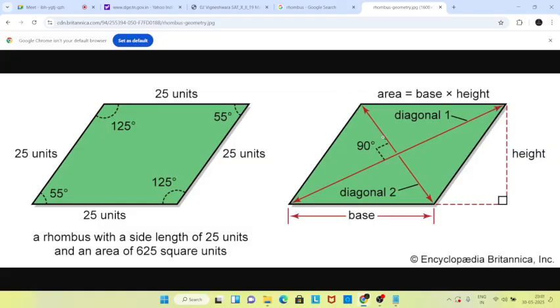This is 18, so half is 9. So this is 9, this is 12. So what will be this side? This is a right angle triangle, 9 and 12. Use the Pythagoras theorem. This is 9, this is 12. What will the hypotenuse be?